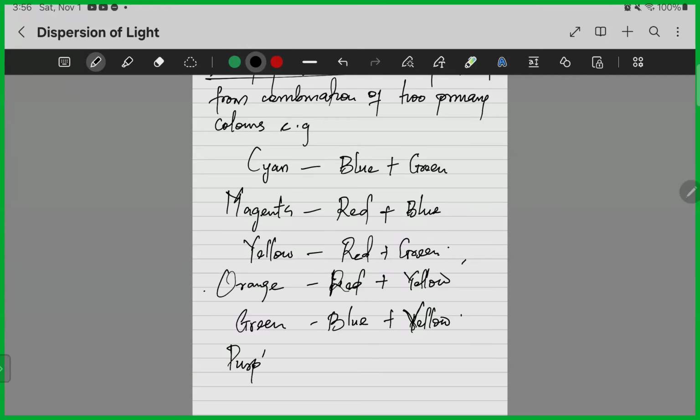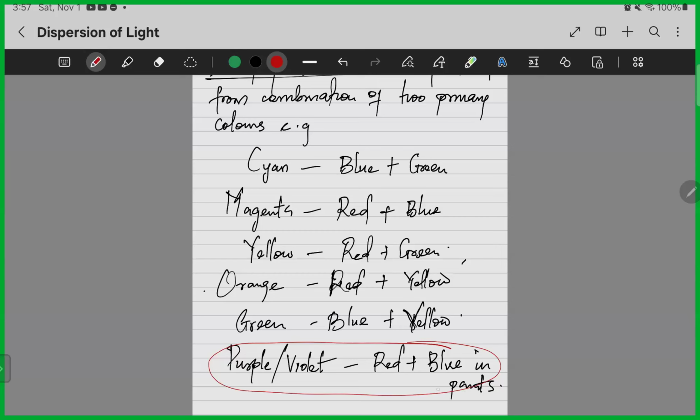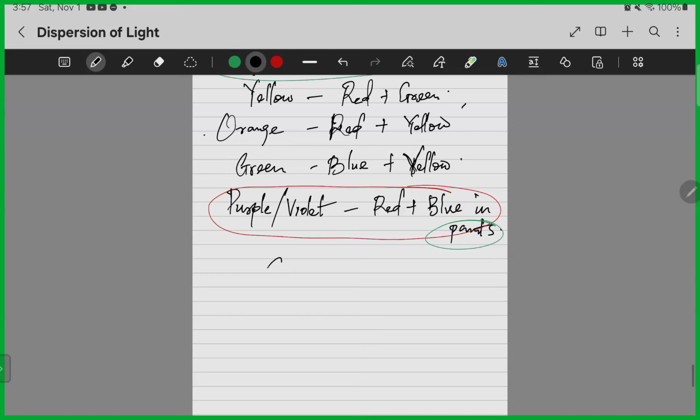Purple, or violet, comes from red and blue in paint. So with this one, take note of the fact that this is an exception. It's in paint. So normally the answer for red and blue is magenta, but in paint you have purple or violet. Just keep that in mind. There's something now called another subtopic called color mixing.